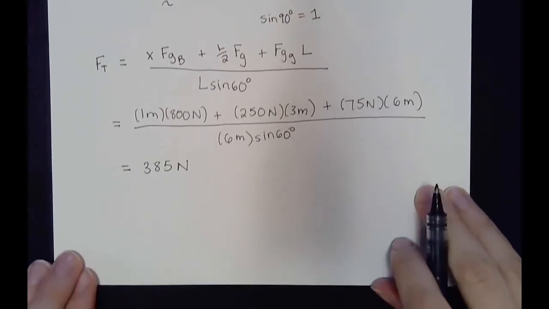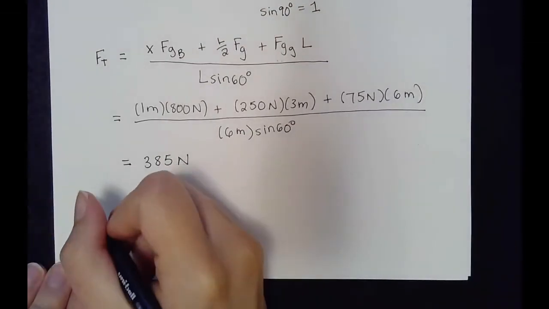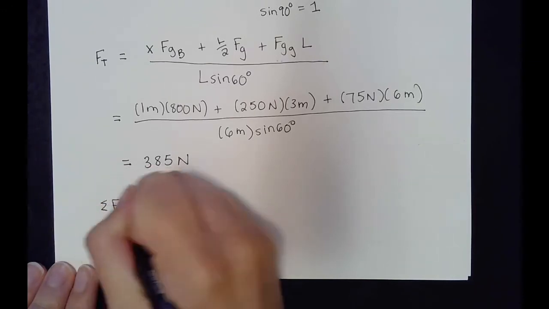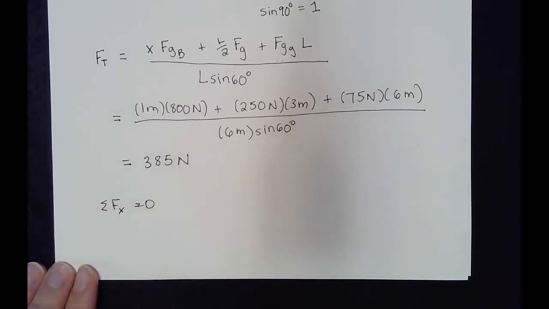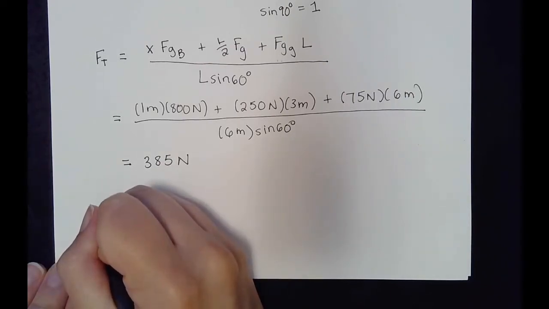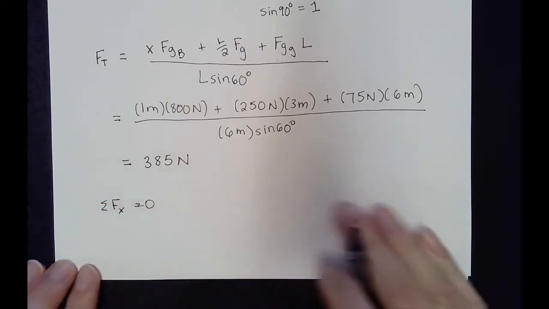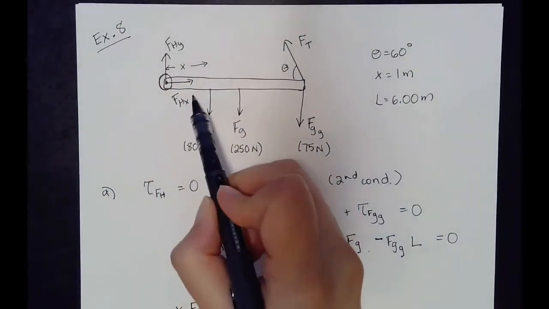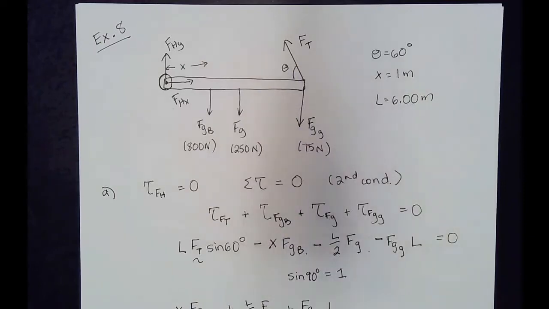Okay, now let's use the first condition of equilibrium to find the reaction forces in the hinge. So in the x direction, our net force in the x direction equals 0. So I'm going to have the only two x forces equal to 0. Looking again at our diagram, this is just FHX and the x component of the tension.